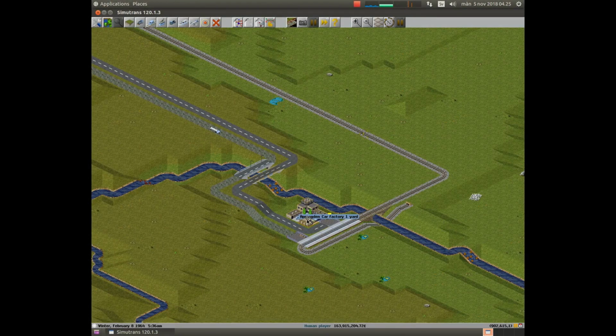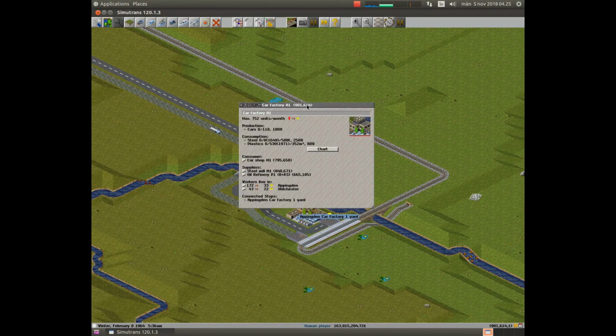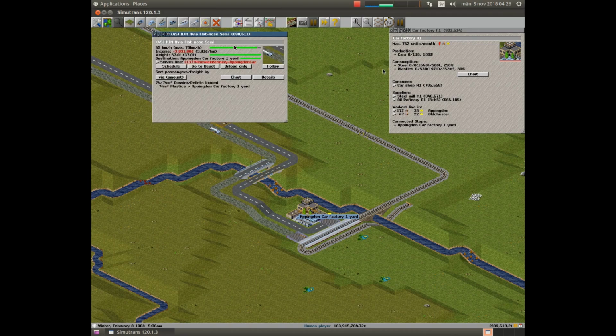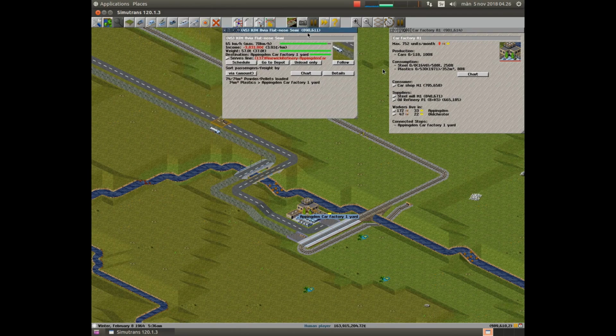Here we have the car factory. They have no steel and no plastic in store, and they have not produced any car, and they don't have any car in store either. Here comes the first plastic transport.